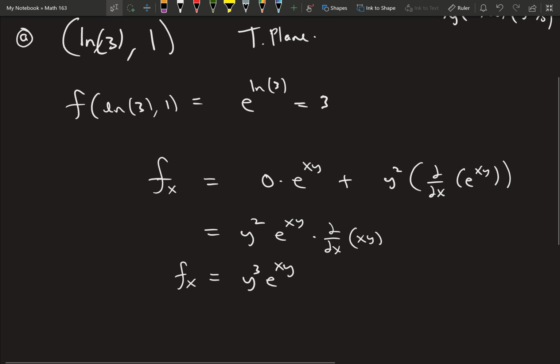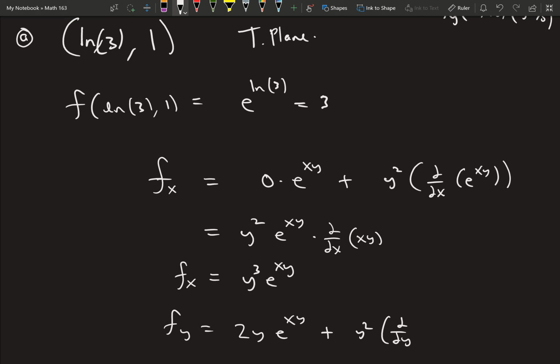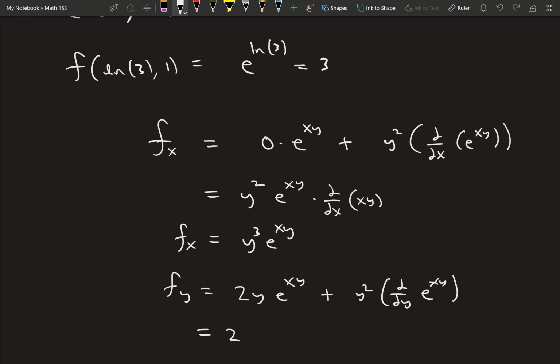Our fy: well, we take the partial of y squared, we get 2y times e to the xy, plus y squared times the partial derivative with respect to y of e to the xy, which is 2y e to the xy, plus, when you take the partial derivative with respect to y of e to the xy, we get y squared e to the xy again, and then we take the derivative of the exponent with respect to y, we get an additional x out.